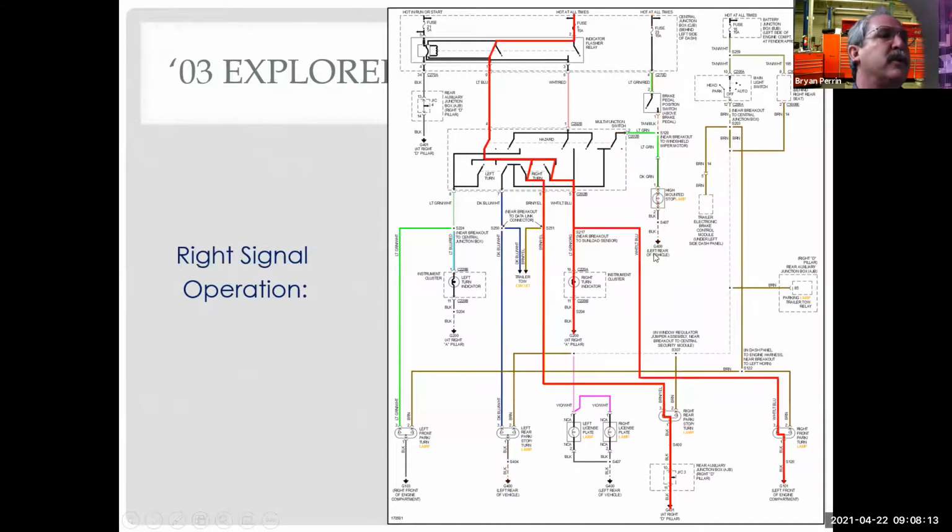Now, if I look at my right turn signal, I get power from a different place. I come through my combination switch, and now we've moved the position of the switch. And I'm going to come down and I have a turn signal indicator, and I have a rear turn signal bulb and a front turn signal bulb that I'm using.